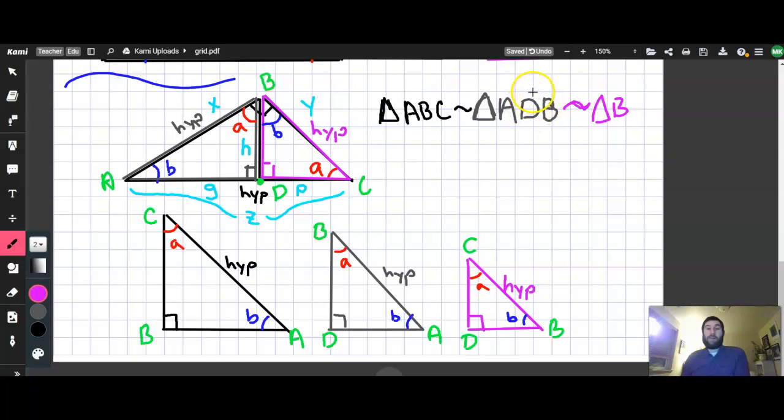Then D second, so D is going to match up with D. And last but not least, the B in our gray triangle matches up to C in our purple triangle. And so BDC is the similarity statement to match with our gray triangle, to match with our black triangle.